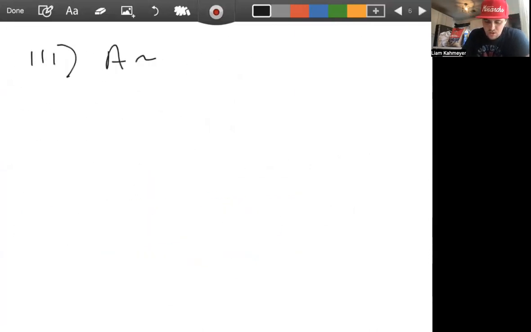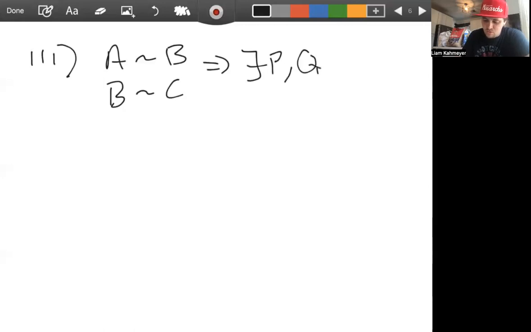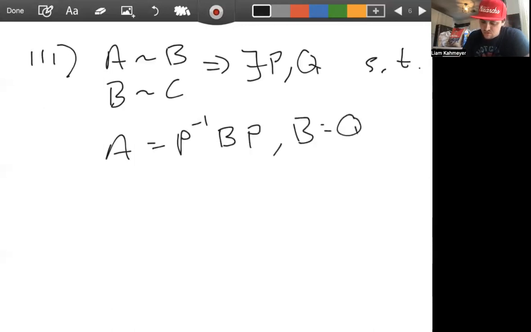We want to assume that A is similar to B and B is similar to C. What does this mean? This means there exist invertible matrices P and Q such that A is equal to P inverse B P and B is equal to Q inverse C Q. Now, what do we need to show?